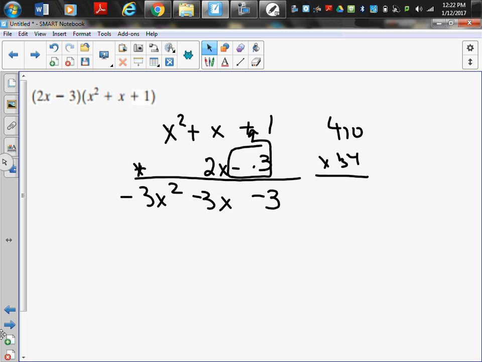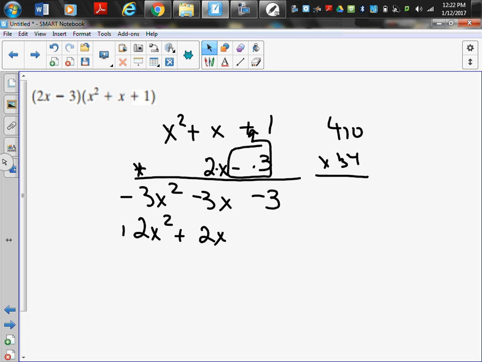Alright. 2x times 1. So that goes here. 2x times x is 2x squared.